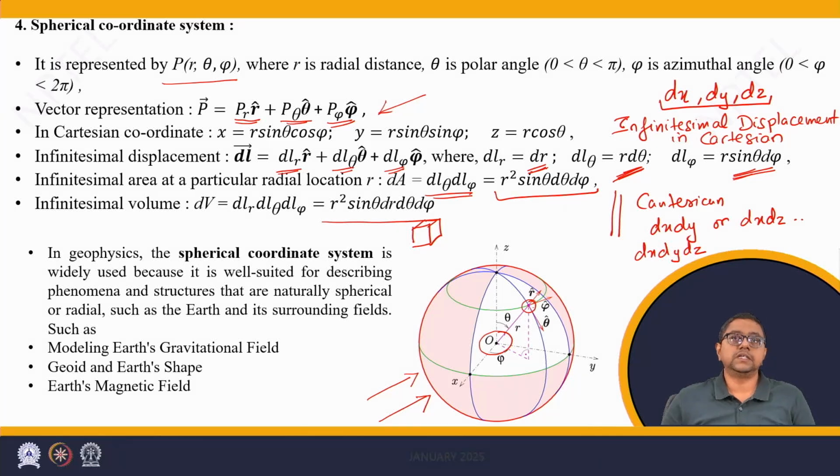In geophysics, spherical coordinate system is widely used because it describes the physical phenomena and the resulting dynamics which occur on the spherical surface of the Earth. Also, in the deep interior of the Earth, as we had seen in previous lecture, the structures are governed by the sphericity of the outer core or the mantle.